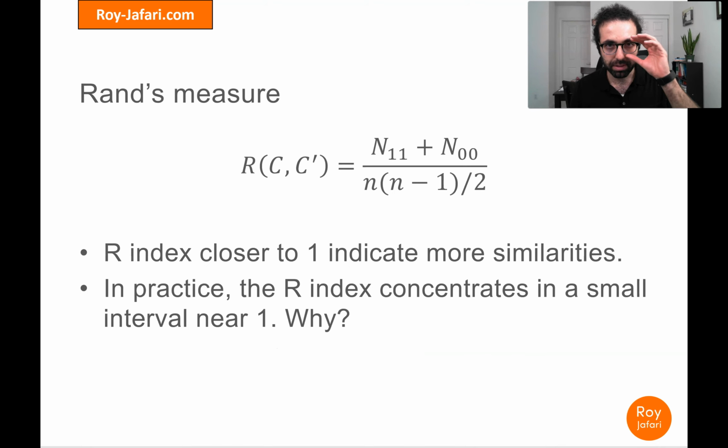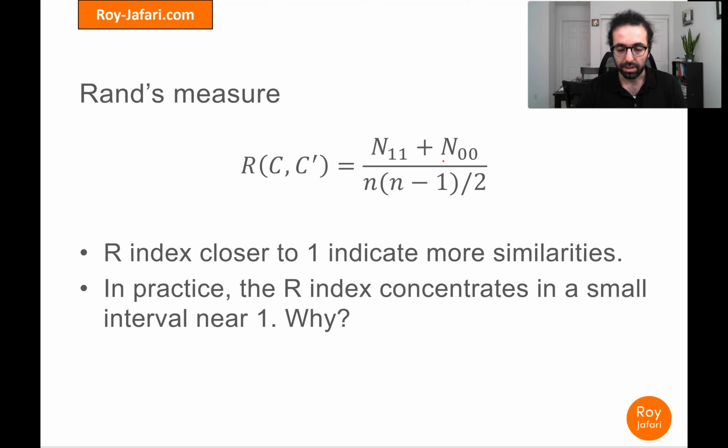So the first metric that uses these n's is the Rand measure. Basically, Rand measure says that if you've got situations N11 and N00 a lot, that means you've got a lot of similarity between your clusterings.